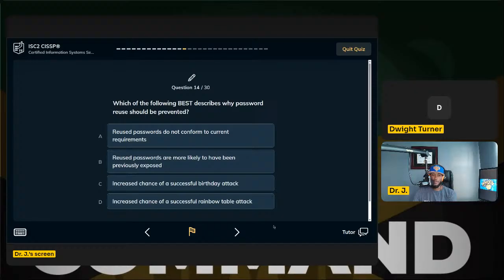All right. Which of the following best describes why password reuse should be prevented? Bravo looks pretty good. I'd say all of these are valid choices.